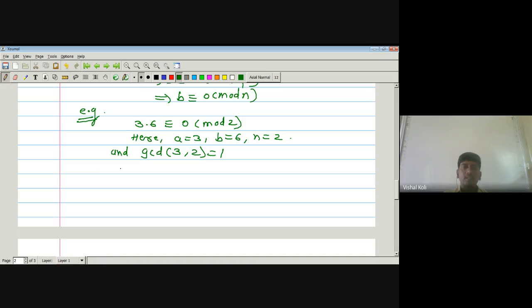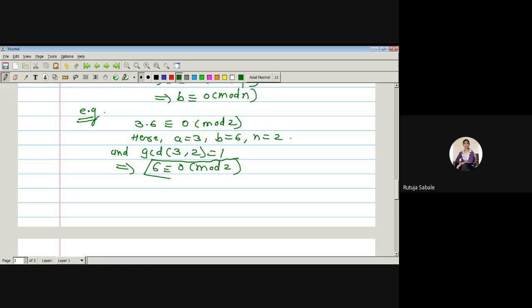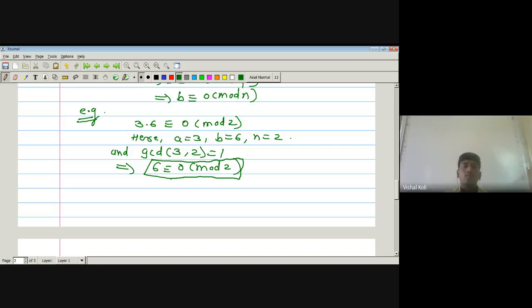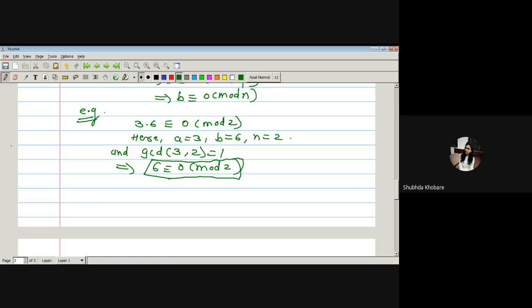Then by the above result, b is congruent to 0 modulo n. What is the value of b? 6, which implies 6 is congruent to 0 modulo 2. Is that correct? 6 is divisible by 2. Yes, sir.